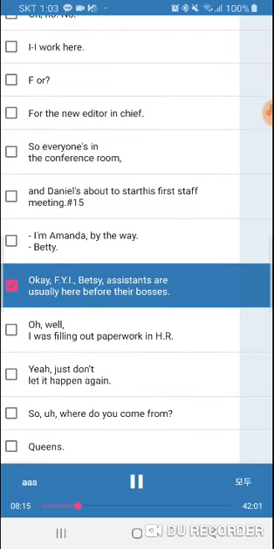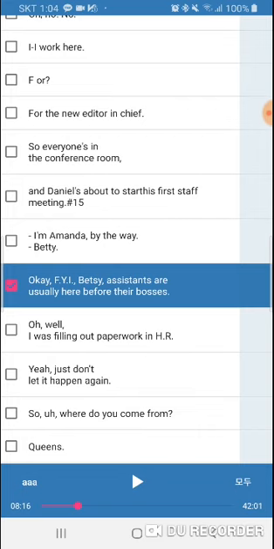Assistants are usually here before. Okay, assistants are usually here before their bosses. Okay, Bessie. Assistants are usually. Okay, Bessie. Bessie. Okay, Bessie. Assistants are usually here before their bosses. Okay, Bessie. Assistants are assistants are usually here before their bosses. Okay, Bessie. Assistants are usually here before their bosses. Okay, Bessie. Assistants. Okay, Bessie. Assistants are usually here before their bosses. Okay, Bessie. Assistants are usually here before their bosses.